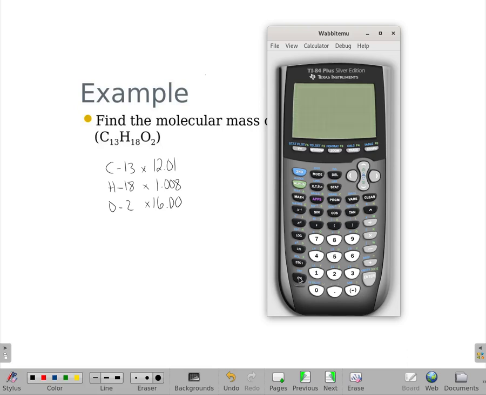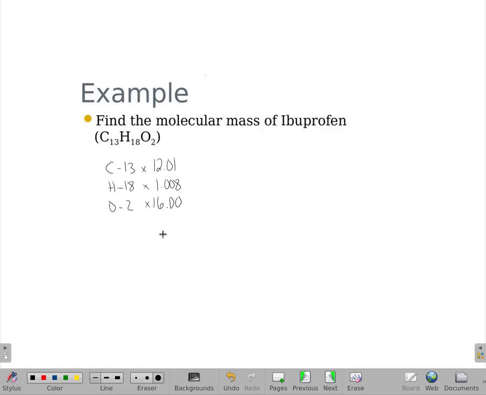And on the calculator, 13 times 12.01 plus 18 times 1.008 plus 2 times 16, 32. And we get a molecular mass of 206.27. Units would be AMUs.